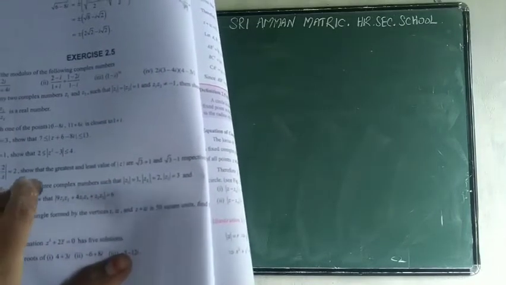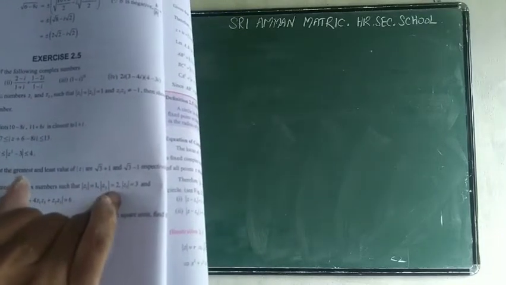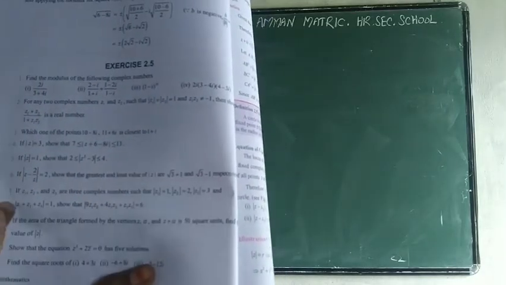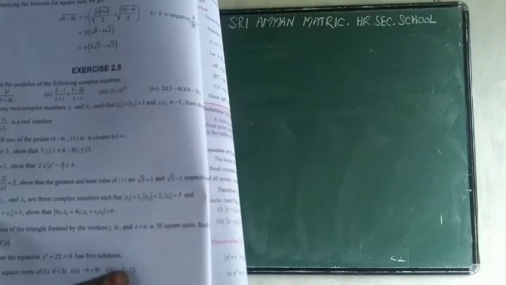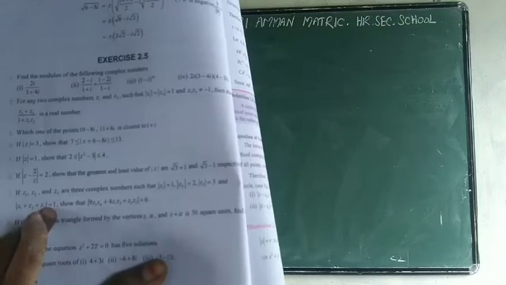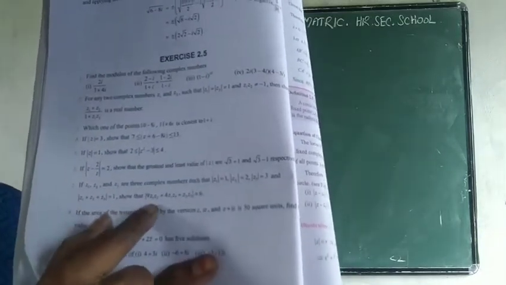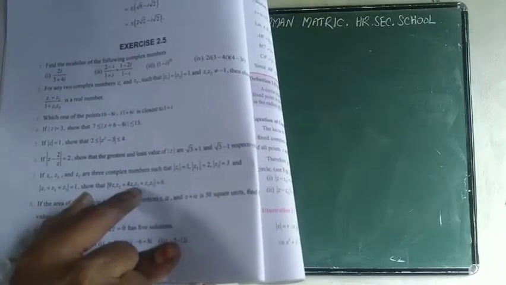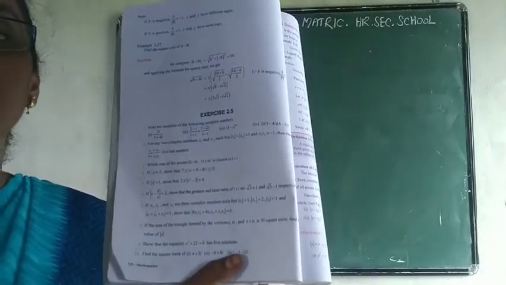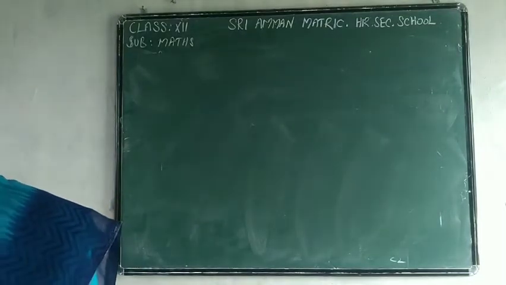These 3 complex numbers satisfy the conditions: modulus of Z1 equals 1, modulus of Z2 equals 2 and modulus of Z3 equals 3. And one more condition is given: modulus of Z1 plus Z2 plus Z3 equals 1. Now what do we show? Modulus of 9 Z1 Z2 plus 4 Z1 Z3 plus Z2 Z3 equals 6. Okay. Now I explain the solution on the board.